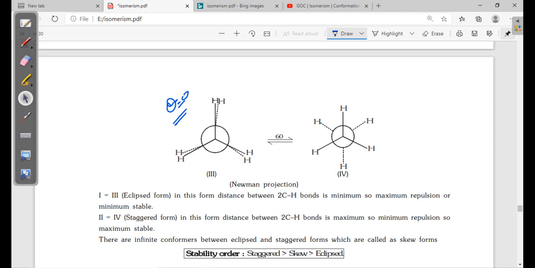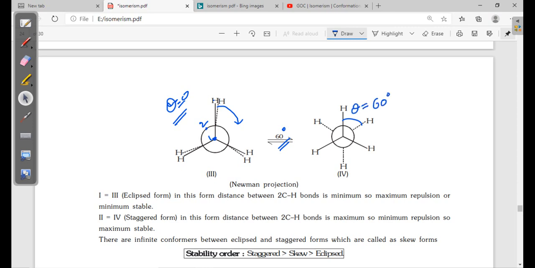Now, this hydrogen we are rotating. First of all, this dot is the first carbon, this ring is the second carbon. The second carbon, the backside carbon, is rotating 60 degrees. I'm rotating 60 degrees. The front carbon is fixed. So now what is the dihedral angle here? Theta equals 60 degrees.